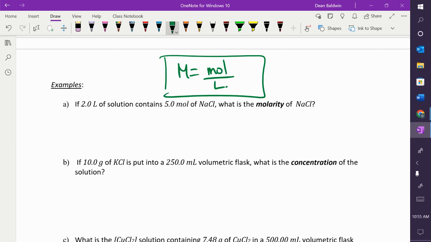All right. So first thing I do is I write out the formula. Capital M is moles per liter. All right. How many liters do we have? 2. So for liters, I write 2.0 liters. How many moles do we have? 5.